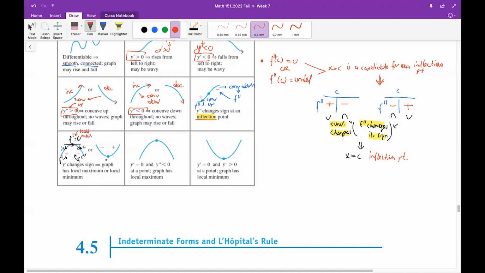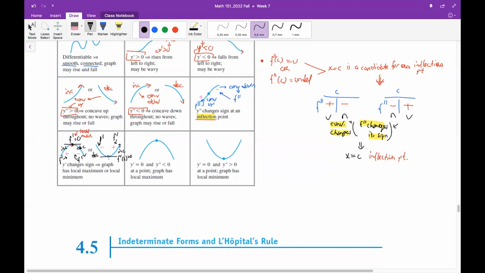When do we have local minimums? First of all, you need to have first derivative 0, and then to detect whether this point c is a local max or local min, you will create a sign table. Before this point, your function is decreasing, so first derivative is negative. After that, it is an increasing function, meaning that first derivative is positive, so that your graph makes this kind of behavior.